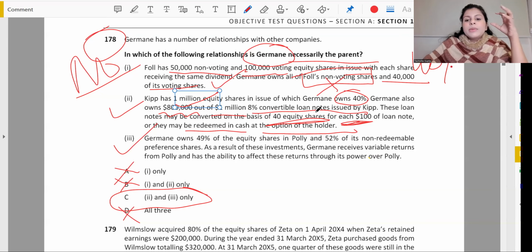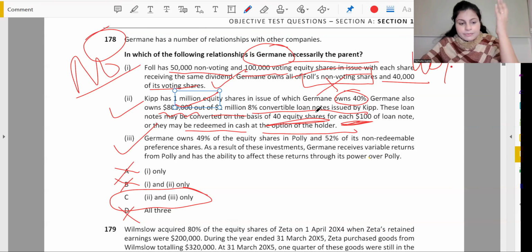So when you have convertible loan notes, that means 40% you already have a shareholding, you already have 40% voting right. There's a potential more 40% of voting right. So if you exercise these convertible loan notes, you are going to get at the end of the day 80% voting right. That's why it's a parent. So that means convertible loan notes are also giving rise to a parent-subsidiary relationship.